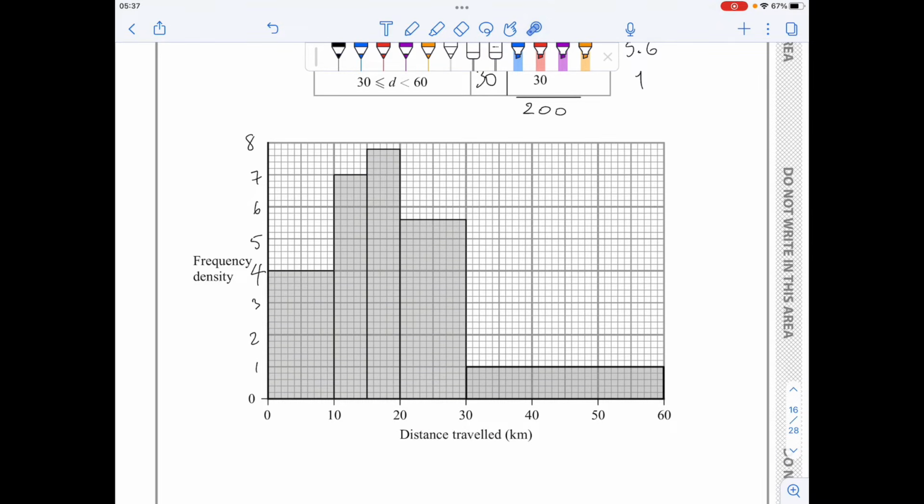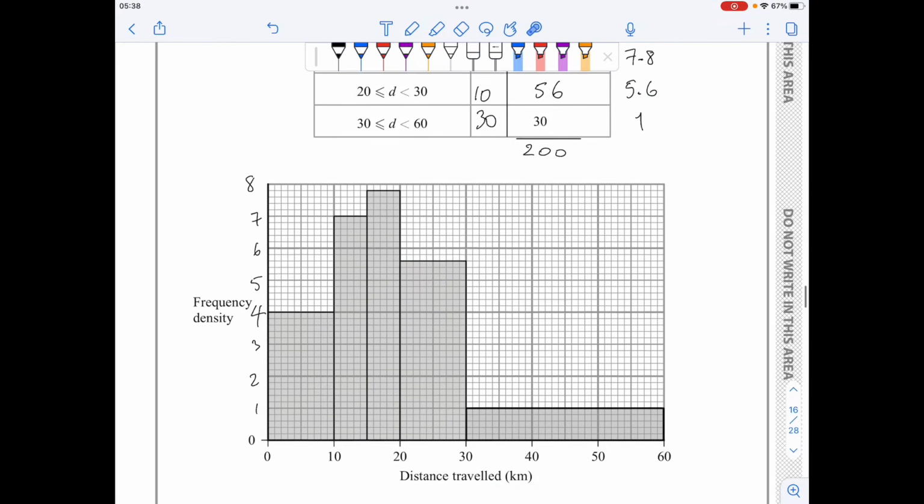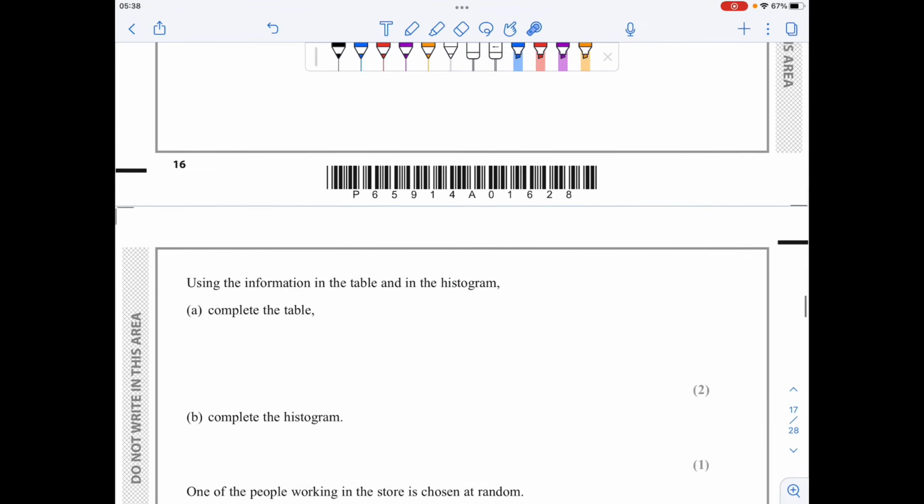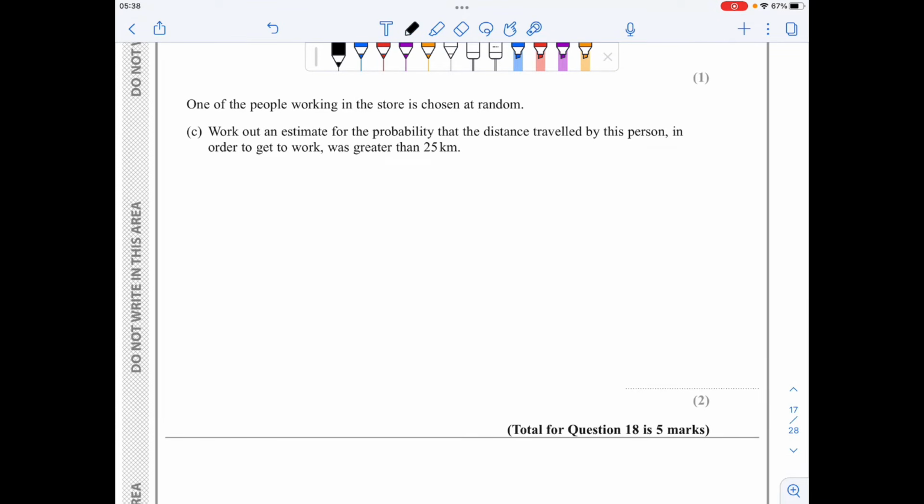So basically I want the area of the last one, which is 30, and half the area of this bar. Now the whole area is 56, so half of it will be half of 56. So let's go here. I have 1 over 2 times 56 plus the last bar, which is 30 over 200. This will give me 58 over 200. You can simplify this as 29 over 100.